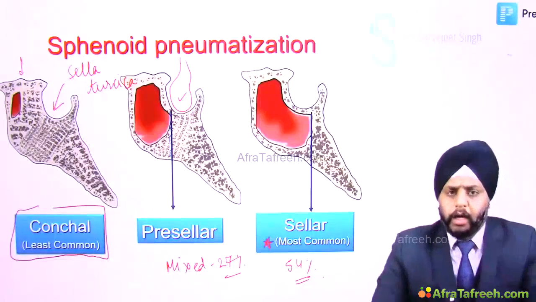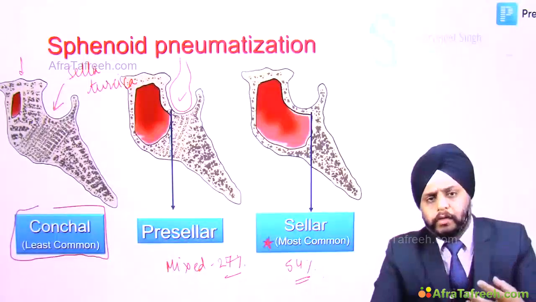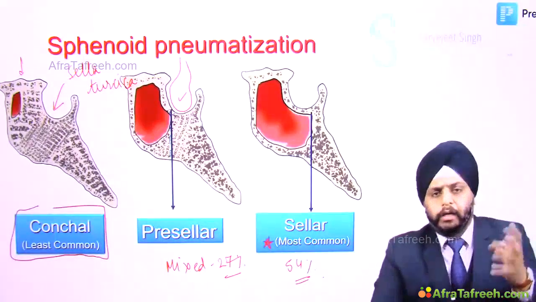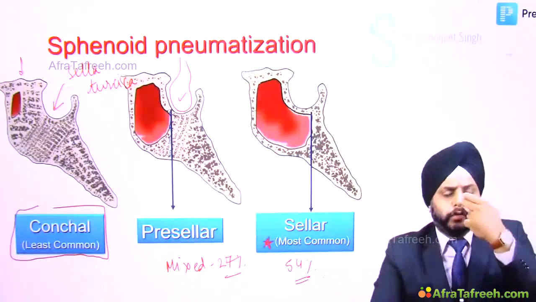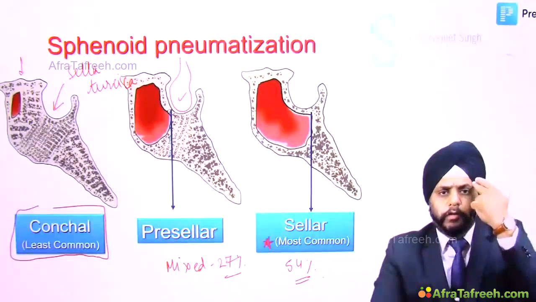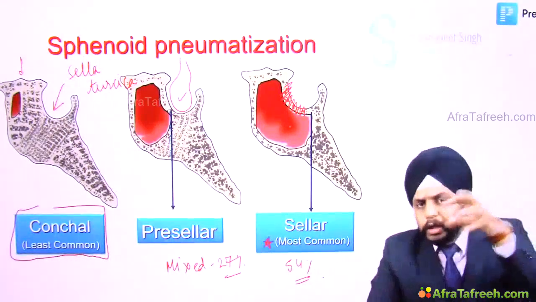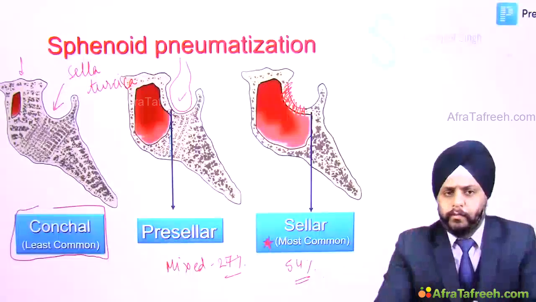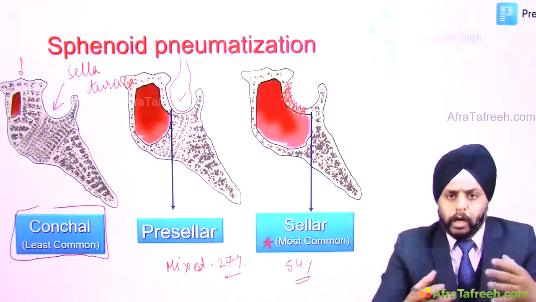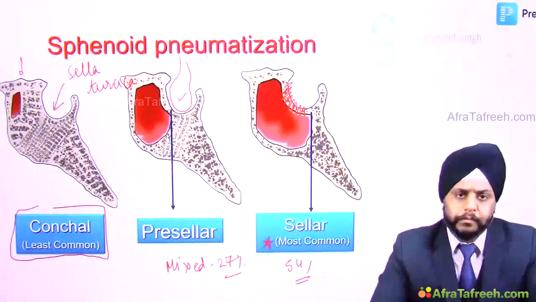If there is a pituitary tumor, instead of opening the brain, the cranial cavity, you can do the surgery by putting an endoscope from the nose, reaching the sphenoid sinus, breaking this bone and going into the pituitary gland. You can take out the tumor this way. It's quicker, it is safer, it has fewer complications.